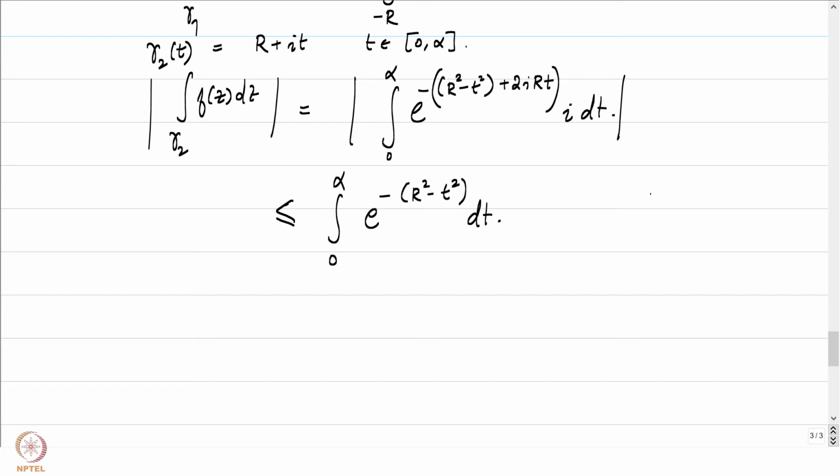And because t belongs to either 0 comma alpha or alpha comma 0, t square is certainly going to be less than or equal to alpha square, and because of that, this is less than or equal to the integral over t in 0 to alpha in this case, and if alpha is negative, it is alpha to 0.